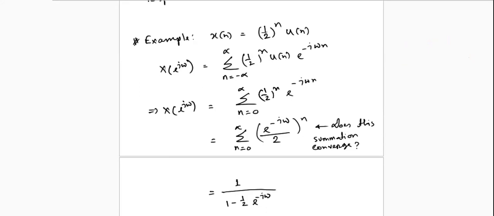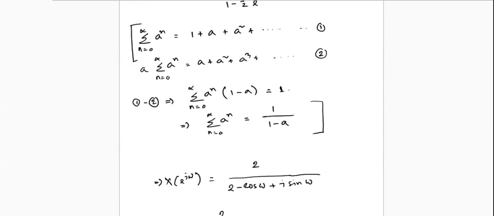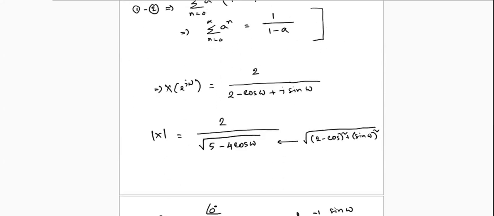As you have already seen, we have shown some simple examples of the time domain to the Fourier domain conversion, with the frequency domain spectrum, and how to draw the spectrum as well as the phase of that conversion. For example, we have given half to the power n un as a general example, where we found the expression for the magnitude and the phase.